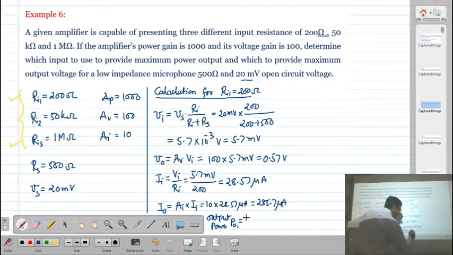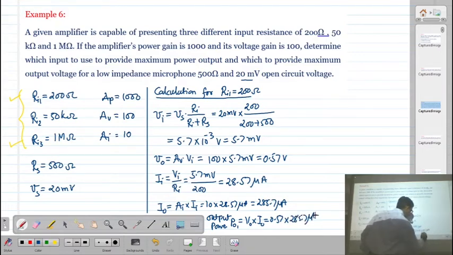So it is output voltage times output current, and the voltage is 0.57 multiplied by 285.7 microampere, and this power roughly comes out to be 163 microwatt. This is 163 microwatt.